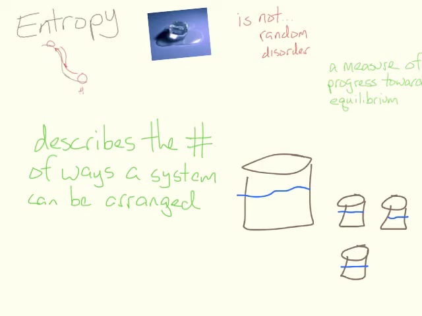Another way we can change the entropy of a system, another way we can arrange the system, is we can talk about the way the system is arranged energetically. What if I take this first larger glass of water, and instead of having it at room temperature, I go ahead and heat it up?